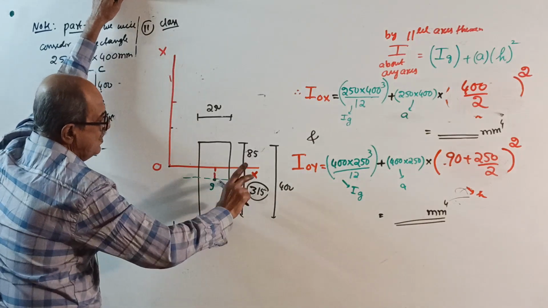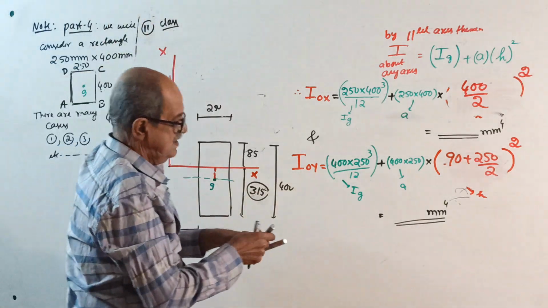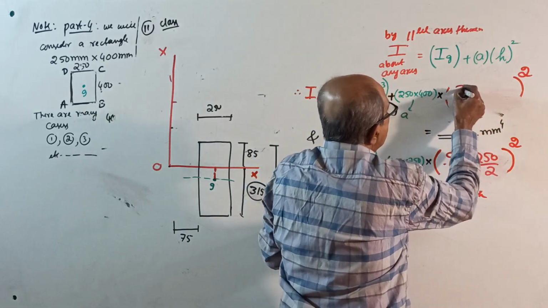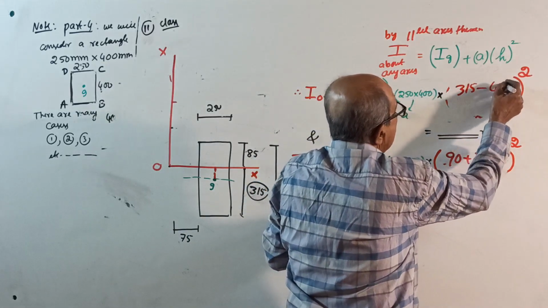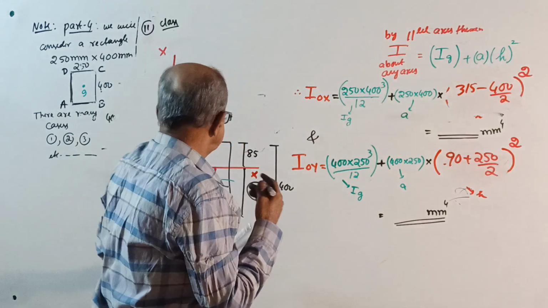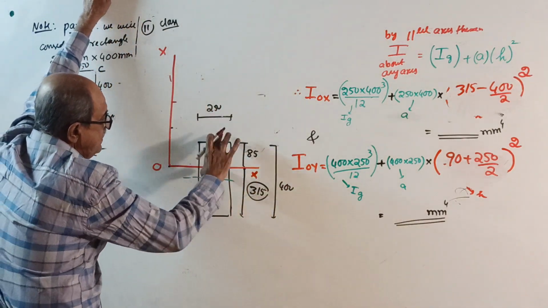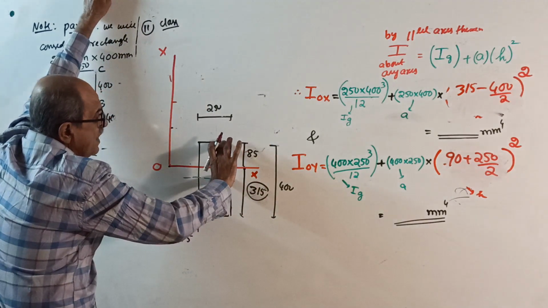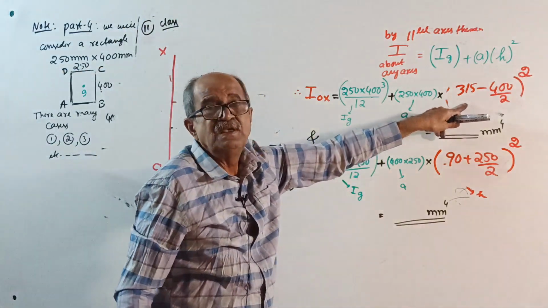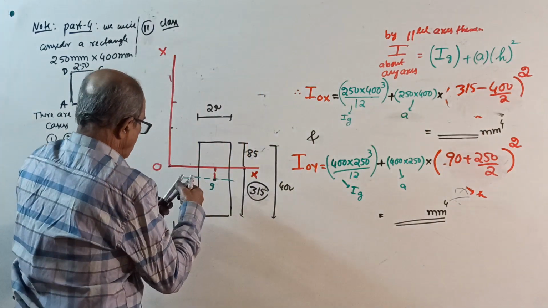One option: from 315 subtract half of 400, whole square. Or, this is 400, centroid to here is 400 by 2, so from 400 by 2 subtract 85. Write both the options. Okay. I about OY.